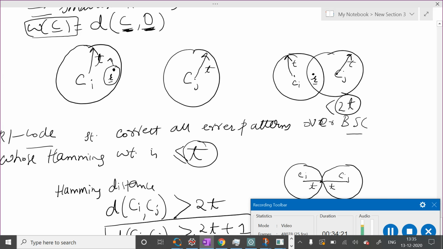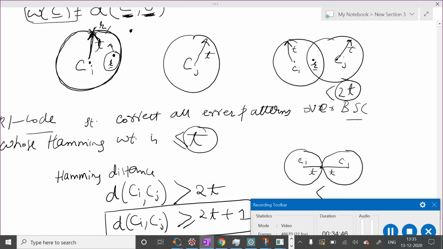Because suppose you look at this, here is a code word. If there are t errors, your received code word will stay at the border, so you will still be able to decode it. But if there are more than t errors, then the received vector will be outside the circle, right?